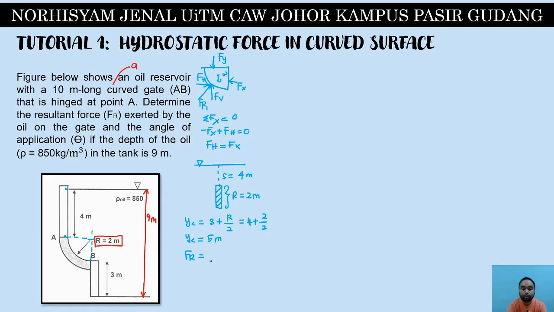Fr is rho times G times YC sine 90 degree A. So it should equal to 850, 9.81. YC is 5 meter. Sine 90 is 1. The area should be 2 times 10 meter. Okay. So Fr should be equal to, let me do the calculation.